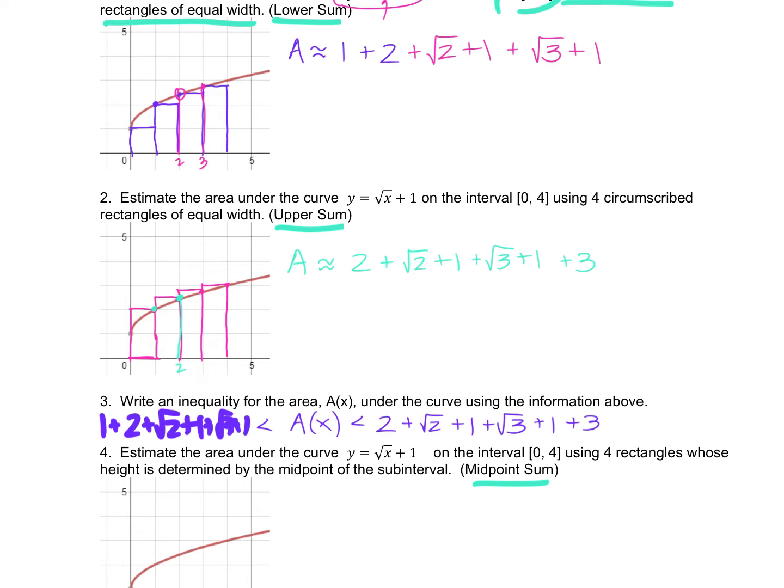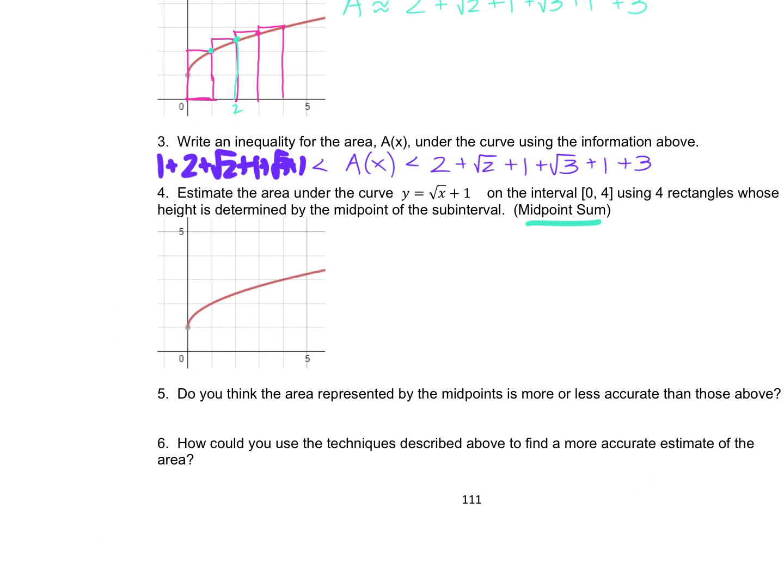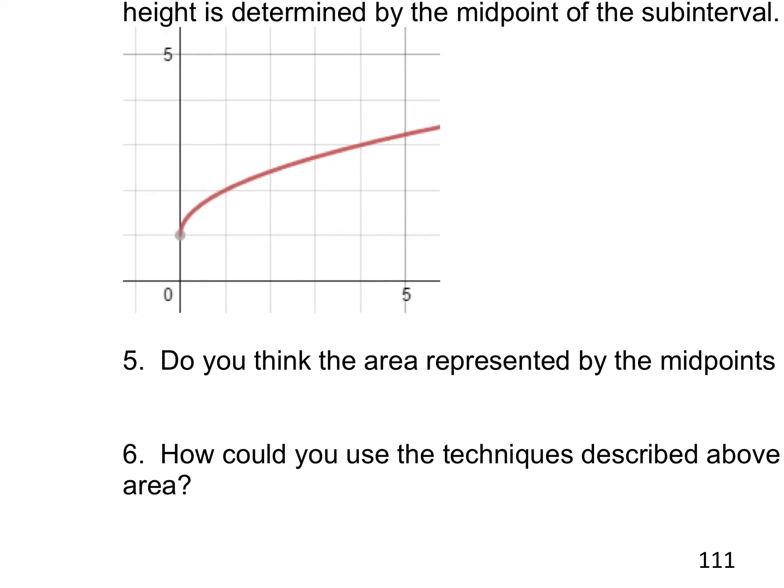So that's what leads you to the third one, the midpoint sum. You can guess what? We set the height of our rectangles based off the midpoint of those two. Instead of setting it on the left or on the right, we now go through the midpoint. So when we set up our rectangles on this one, here is my midpoint. My rectangle is going to go directly through the x midpoint.